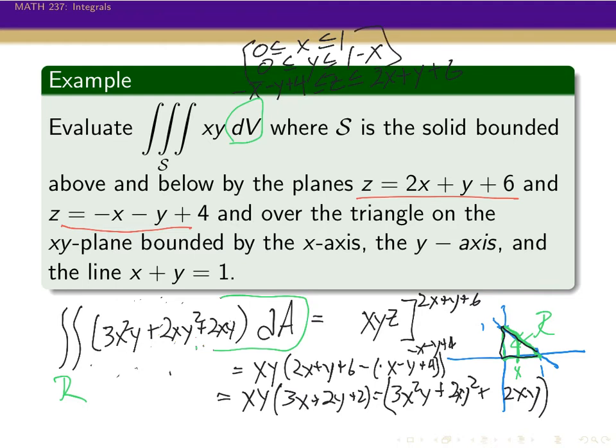For dA, we decided that we were going to do y first and then x, and so our bounds for y are 0 to 1 minus x, and then our bounds for x are going to be 0 to 1.